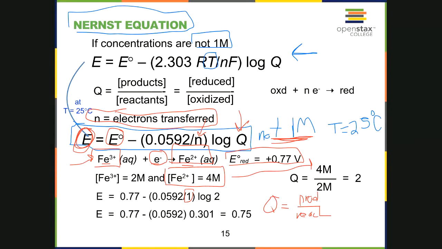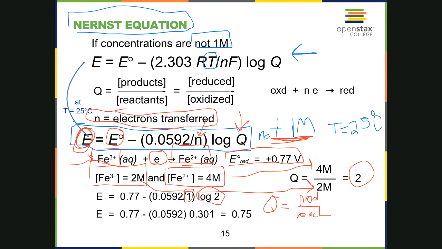And we're told that the concentration of the Fe3 plus is 2 molar. So that's where the 2 is coming from. So we're just taking 4, dividing it by 2, and we get 2. And that's what we're going to be taking the log of. So that's why down here it says log of 2.